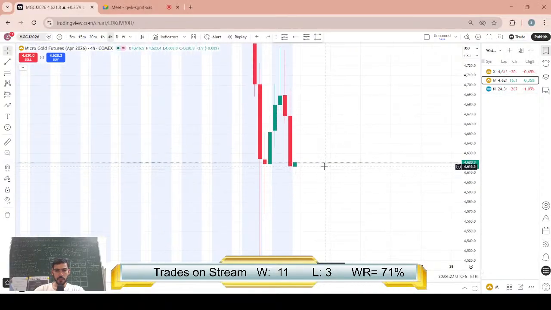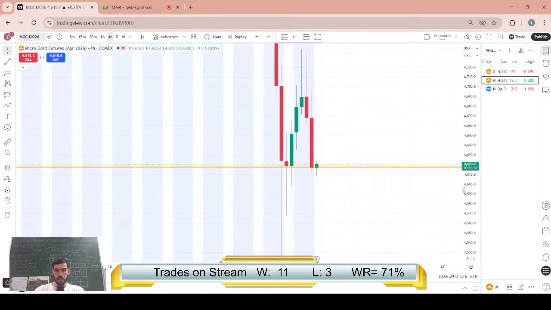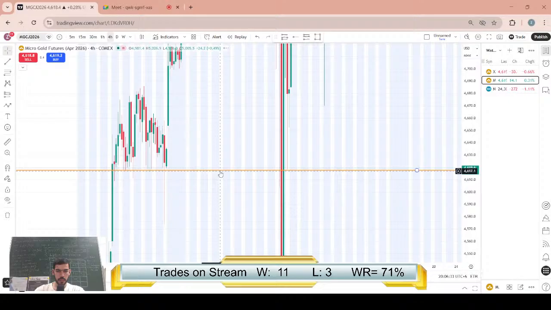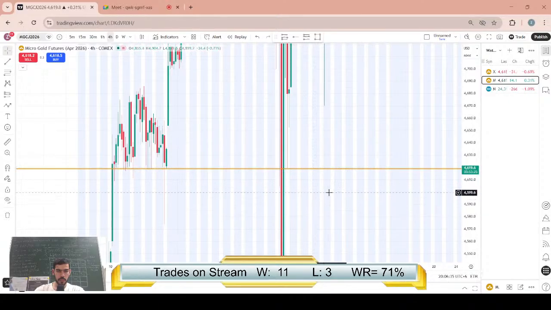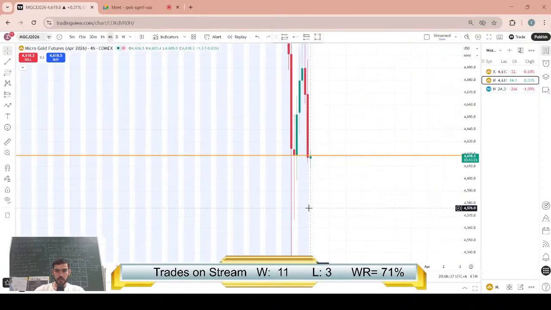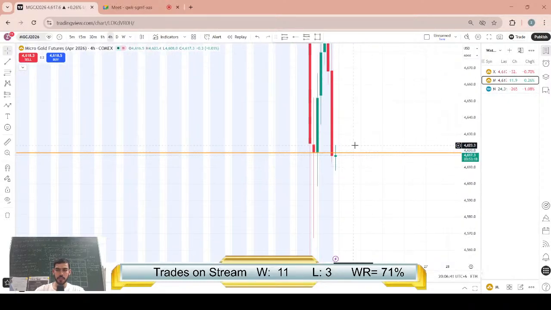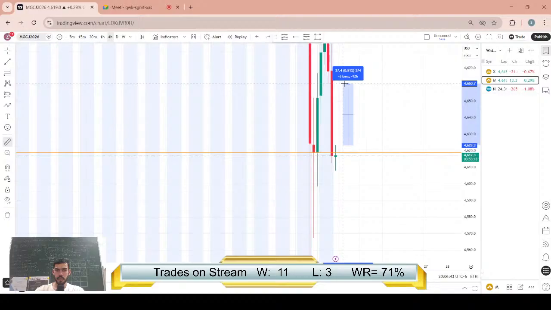So it looks like the 4 hour closed a little bit below, not all but just a little bit. Anyway, it must create a top wick.